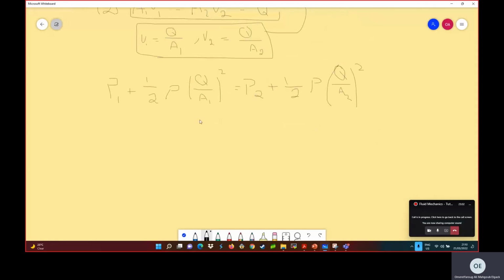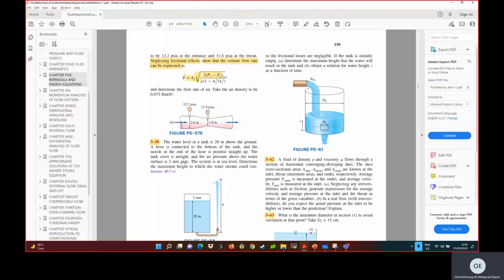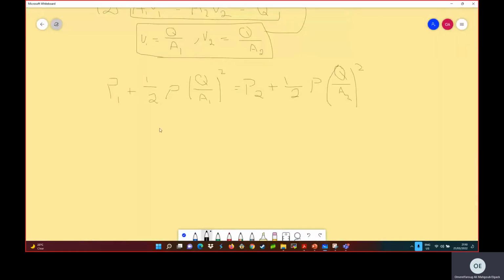So now, what we have in the equation is P1 minus P2, right? So just rearrange the equation, bring P2 to the other side, so that we have P1 minus P2 as the end result. And bring whatever else to the other side.